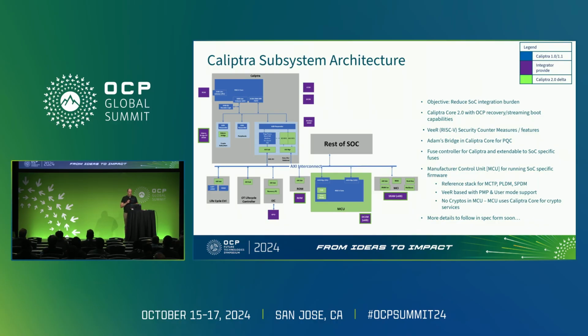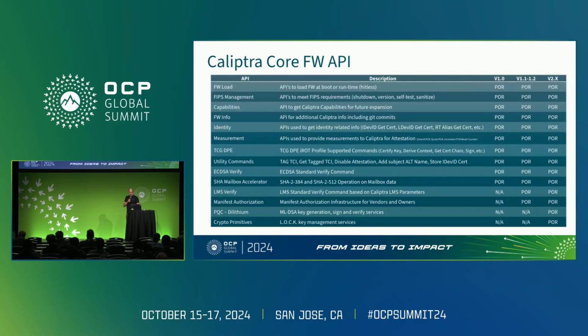It's taking a fuse controller, it's taking an I3C interface, it's piping that I3C interface through that FIFO into Caliptra core. It's meant to implement OCP recovery, right? So it's giving you the ability to do secure boot, essentially, in your SoC. So you have these 2 options now in 2.0. You can do the full thing with subsystem, or you can keep on using core as it was conceived. So that is the critical update that we wanted to give you today in this presentation.